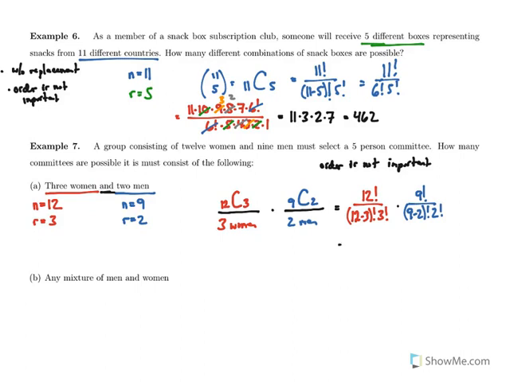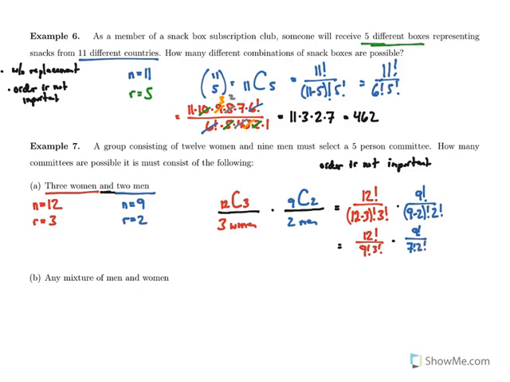That is 12 factorial over 9 factorial 3 factorial, and 9 factorial over 7 factorial 2 factorial.